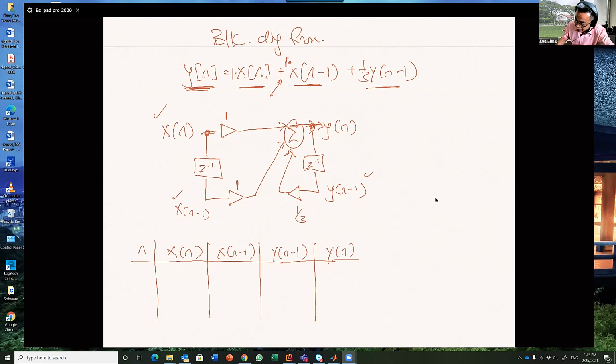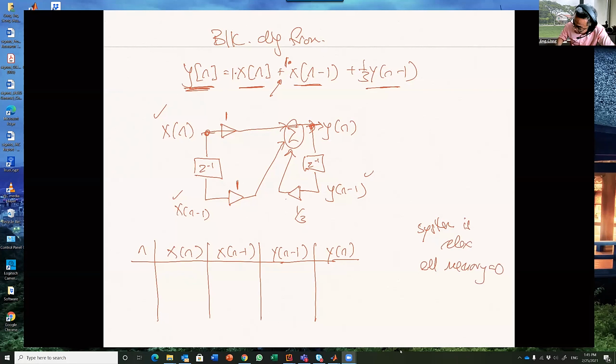Now, remember, we start with the system relaxed. The word relaxed basically means all memory equals 0. Who are the memory? This is the memory, this is the memory, this is the memory. So we start with 0 here.